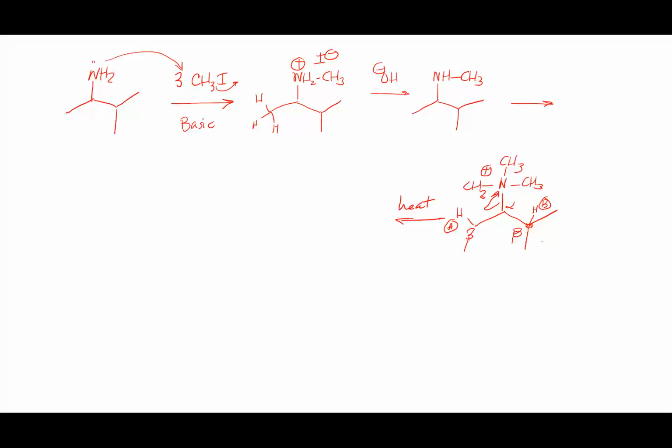So in terms of doing this elimination totally by heat, the major product is determined by how many hydrogens you can get into the anti-periplanar geometry. In this case, I have 3 hydrogens. Over here, I only have 1, so that means the major product is going to look like that. That's the major product.